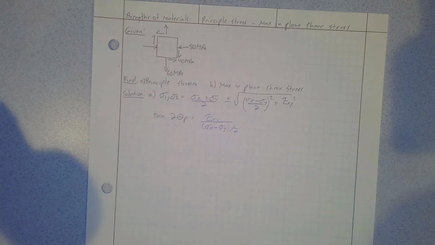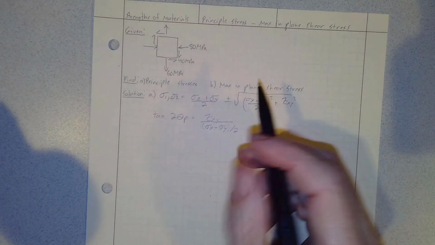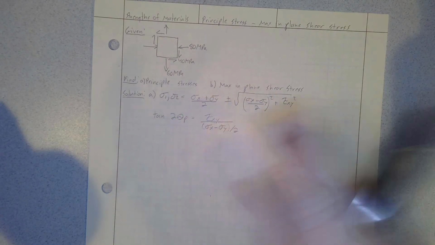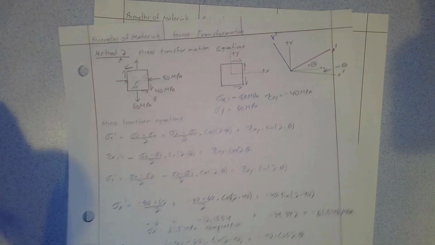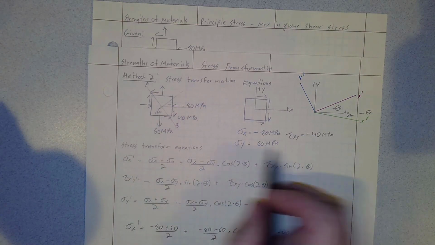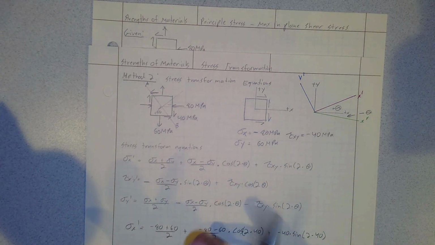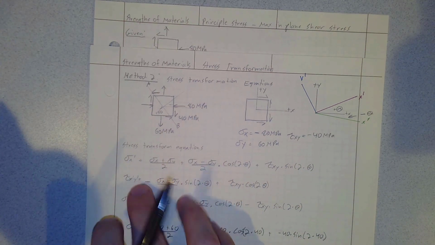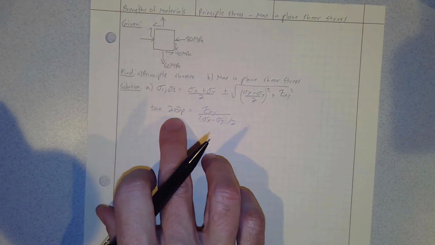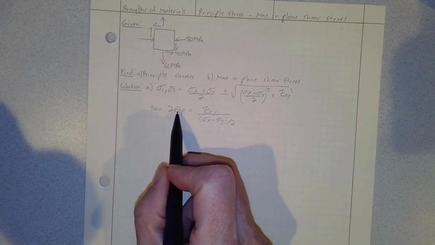Okay, so you can look to your text or recall from in class about the derivation of these equations. Basically what we do to come up with these equations is come back to our general equation for stress about any rotated x-axis, take the derivative of this equation and set it equal to 0. That's how we come up with these equations, one of which tells us the angle, how much we need to rotate.